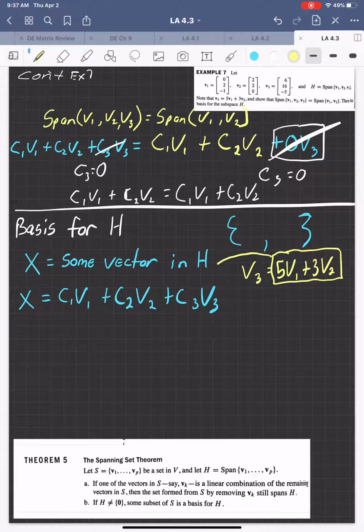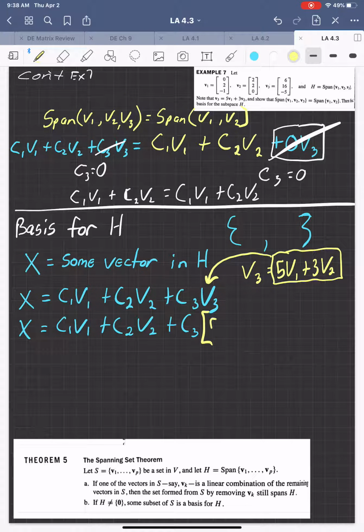I'm about to plug that little caveat in for v sub 3. Ready? Let's go ahead and write what that looks like. So now I have x is equal to c sub 1 times v sub 1 plus c sub 2 times v sub 2 plus c sub 3, and now that's going to be multiplied by 5 v sub 1 plus 3 v sub 2.